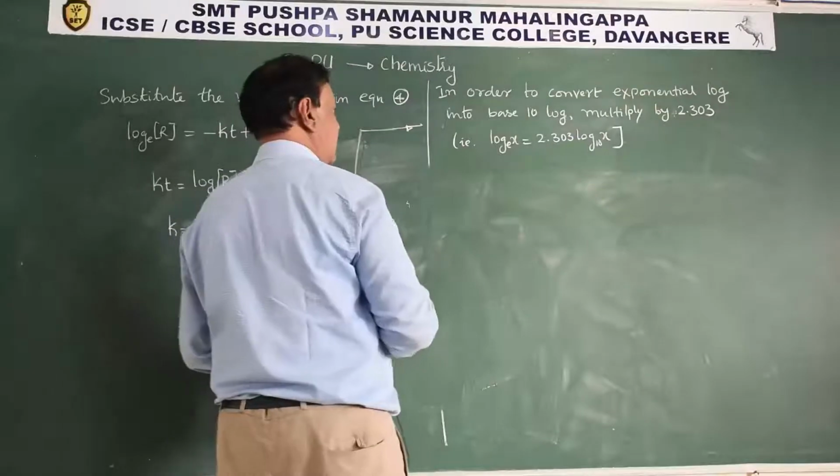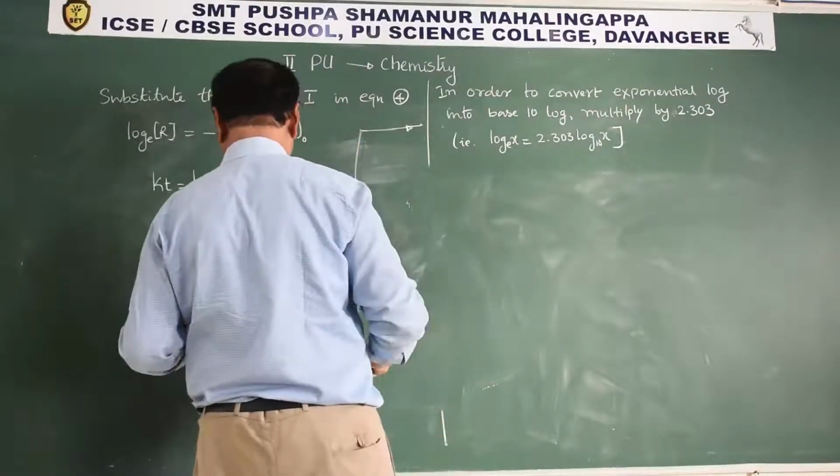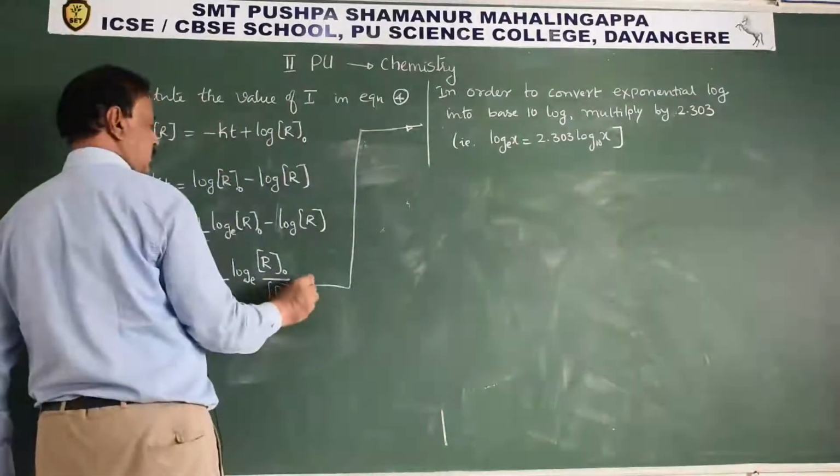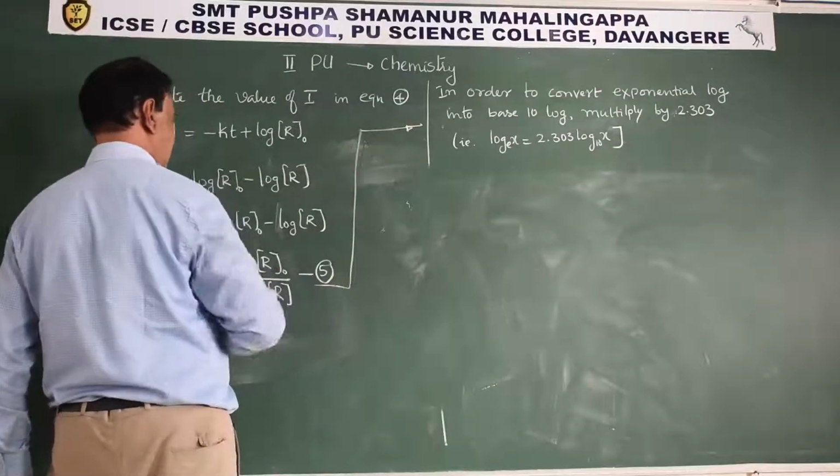Now substitute these values. Call this equation number 5.